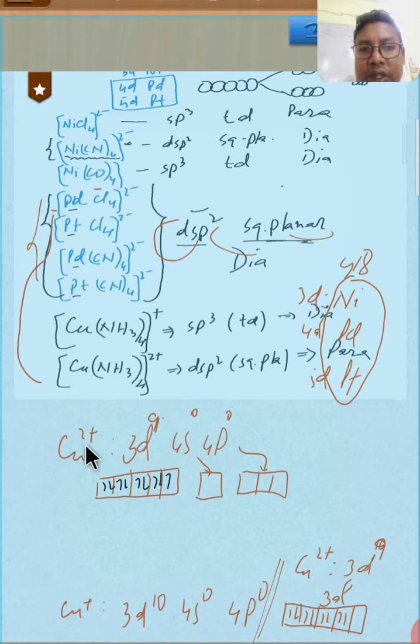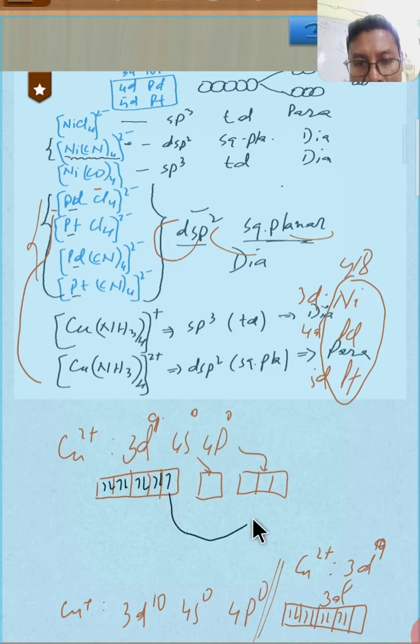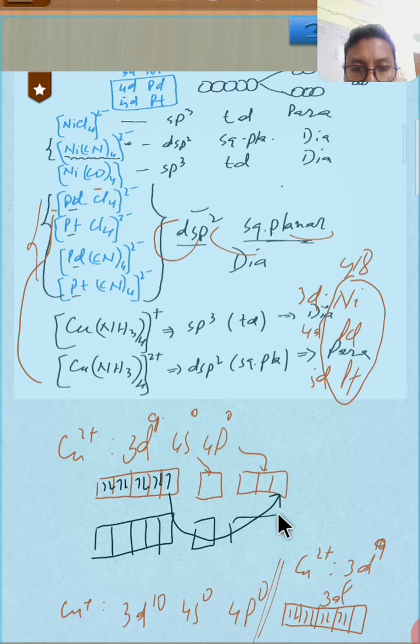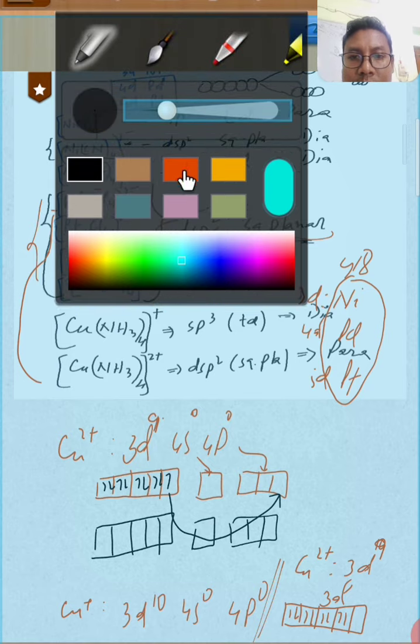So what happens here is that along with Cu2+, ammonia is the ligand, which is one of the strongest ligands. So since ammonia is a strong ligand, this electron will be excited to one of the 4p orbitals, so that we have an empty 3d orbital.